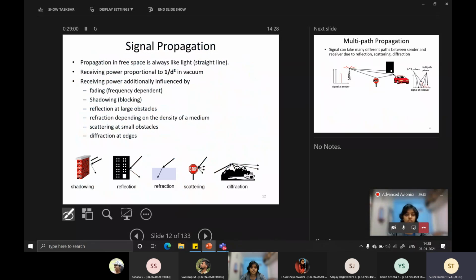One is that radio frequencies are going to be like light, so they travel in straight lines. Then power is 1 by d squared in vacuum. But then the problem is it gets affected by all this shadowing, like within your house, you lose your mobile signals.